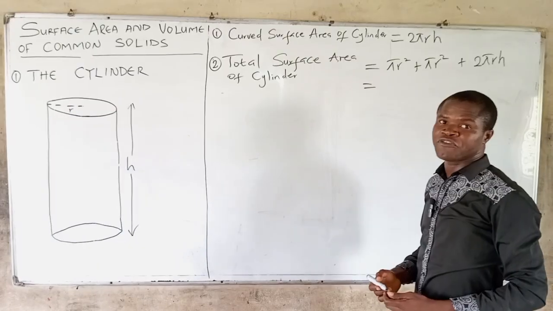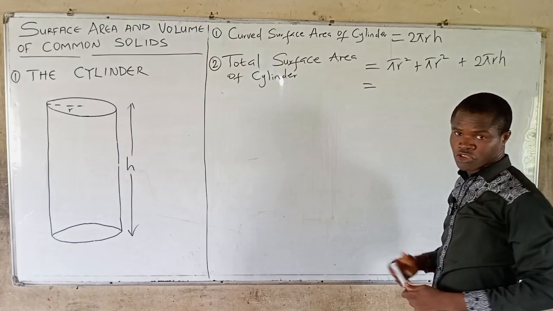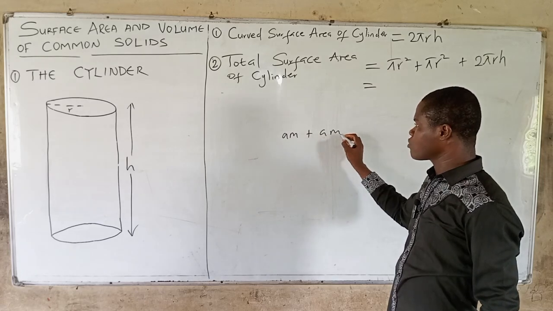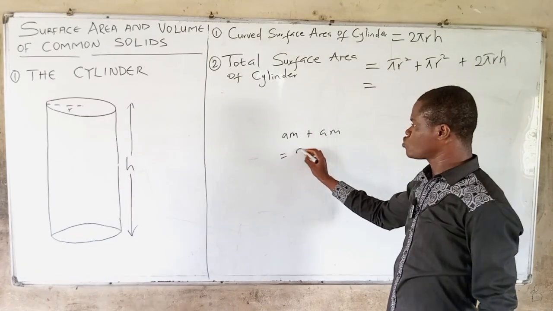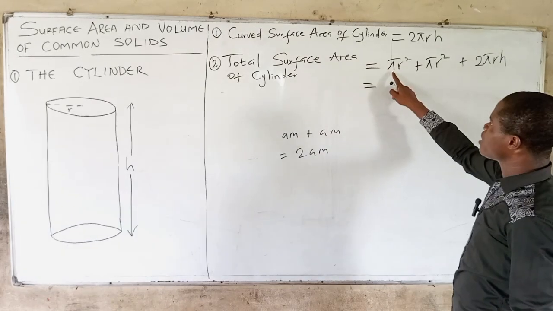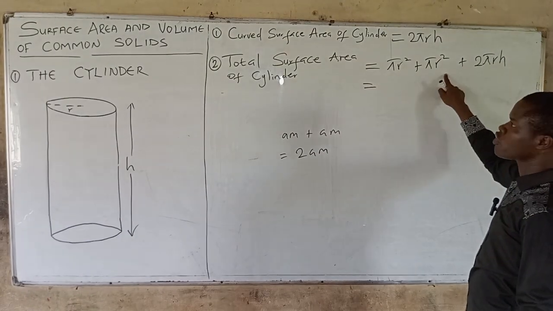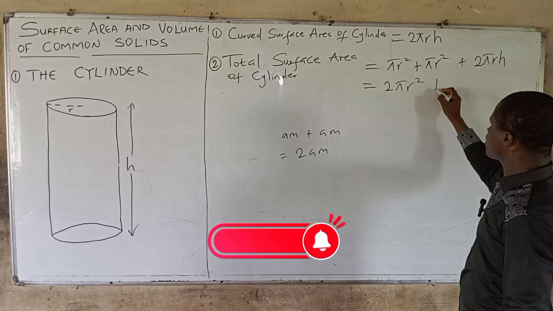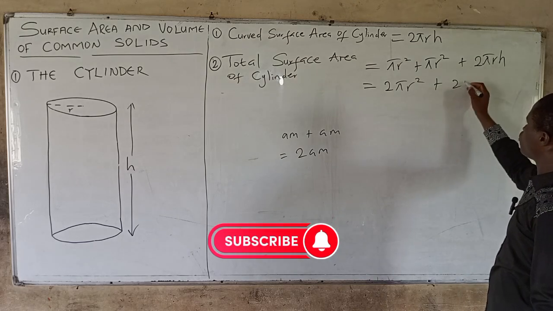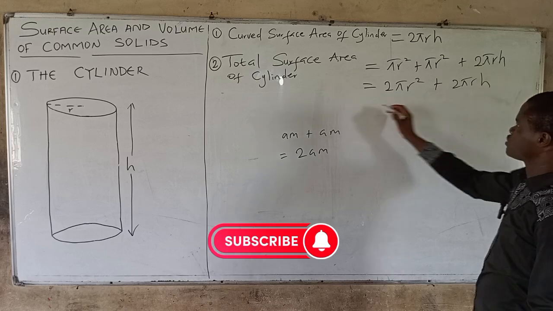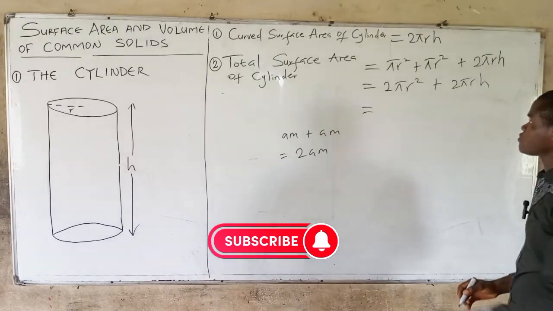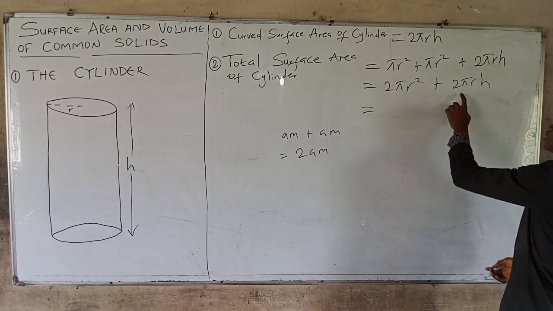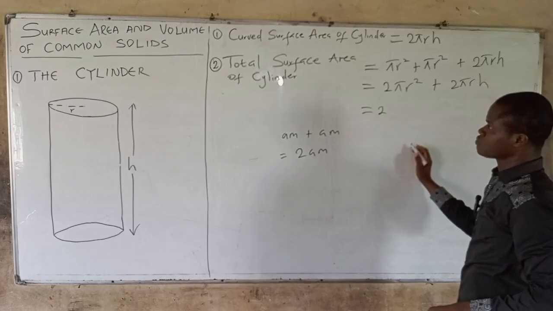So we are going to be doing simplification of simple algebraic expression here. Remember that am plus am will give us 2am. Same way, pi r square plus pi r square will give us 2 pi r square plus 2 pi r h. So this is equal to what is common between, we want to factorize what is common. 2 is here, 2 is here, I'll bring it out.